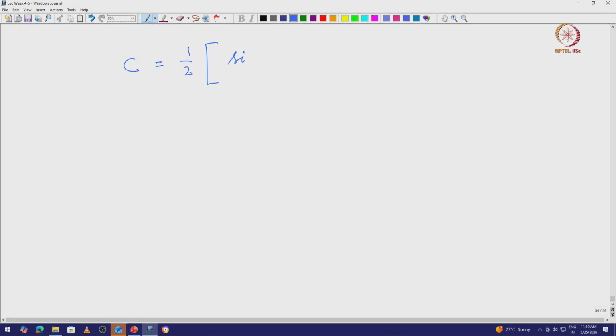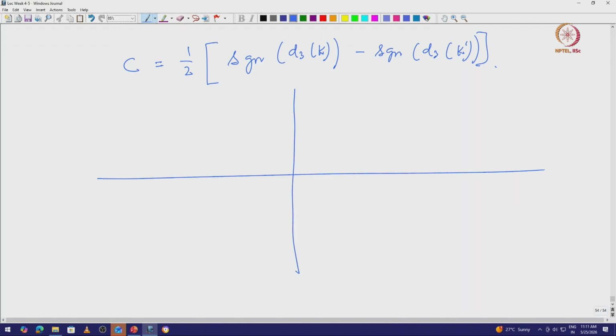So it only comes from those two points, and we have worked it out for the Rice and Mele model that everything else cancels out and it only depends on the sign of d3 at k minus the sign of d3 at k prime. So with that we will have this phase diagram as a function of phi and m.